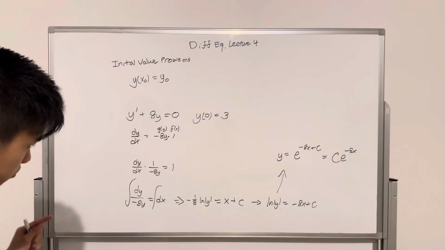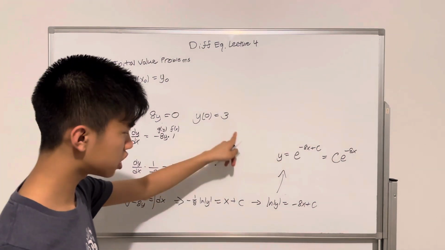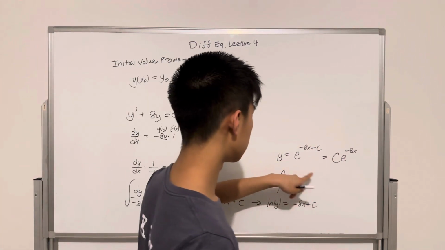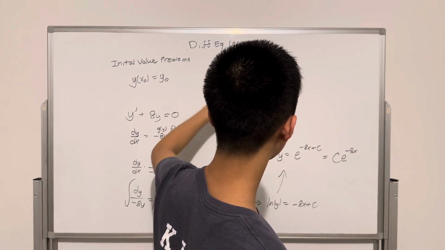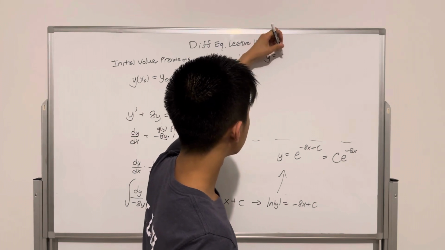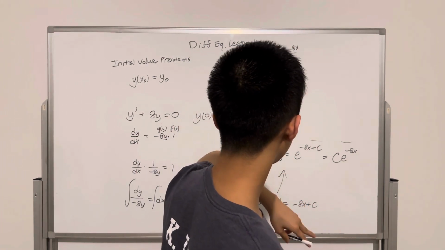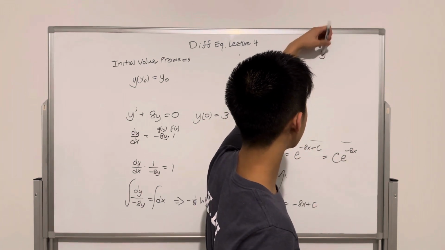And then we can proceed from here by just plugging in these initial values. So let me just create an extra box. We know y equals c e to the negative 8x, okay? And we know y of 0 is equal to 3.